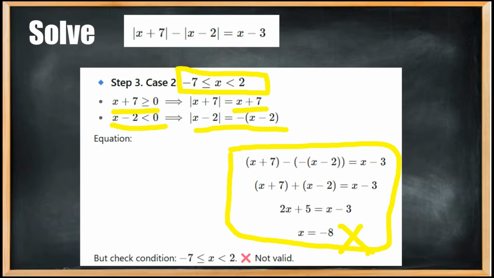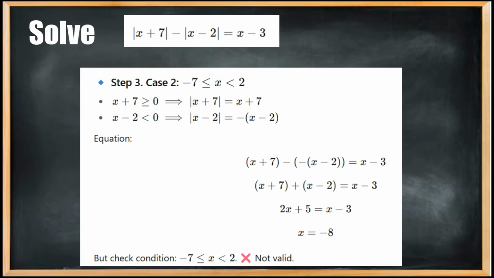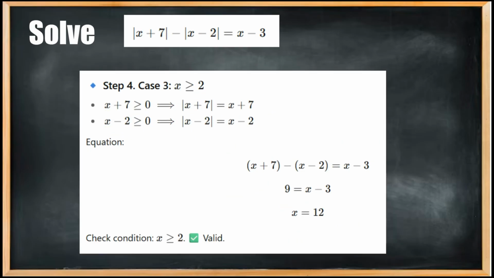Now let's see our third interval. This was the third interval where x is greater than or equal to 2. Okay, if x is greater than or equal to 2, then this value would be greater than 0, which means that this will be retaining the same sign. There wouldn't be any sign change. Same for this also.